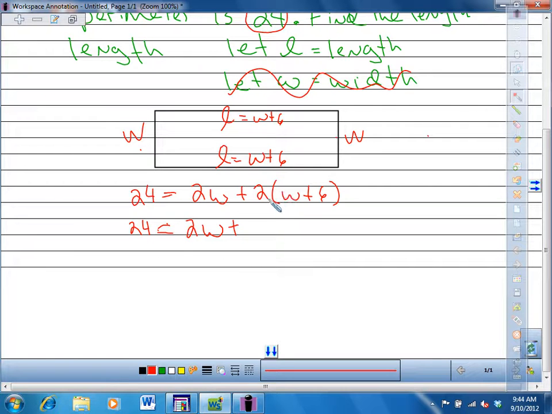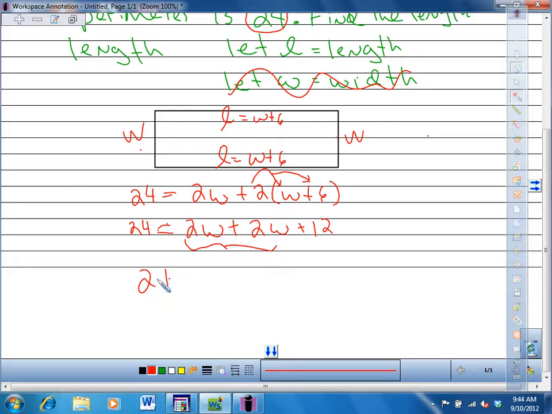You have to do the parentheses first. You can't add, you have to distribute this, like this. What's 2 times W? 2W. What's 2 times 6? 12, okay? Now I'm going to combine my like terms, which are all my W's, okay?